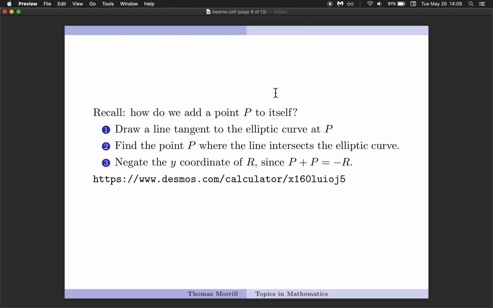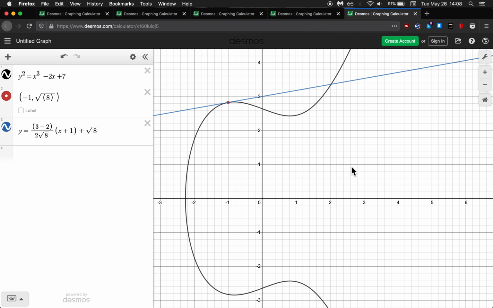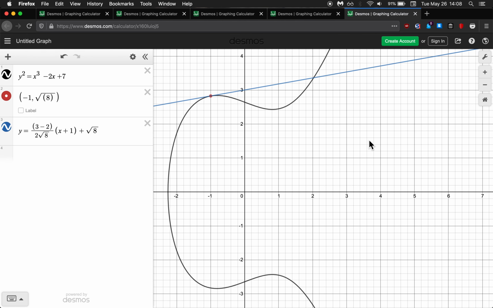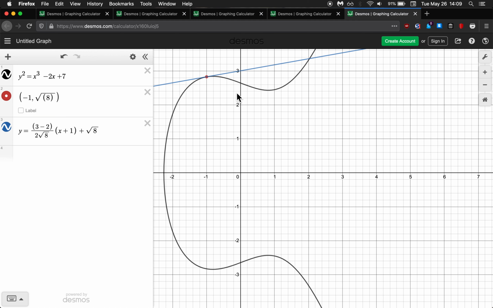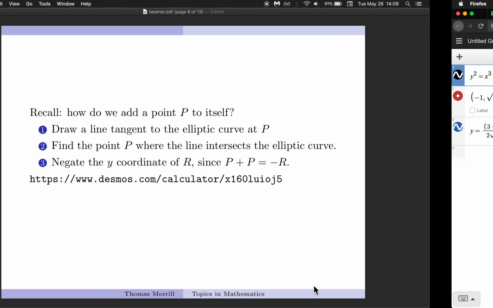Negate the y-coordinate of that R because P plus P equals minus R. So in my picture here, I said this was my point R. This is P plus R makes identity, so it must be that P plus P equals minus R. So P plus P equals minus R, which is down here, right? So again, we saw this in the previous segment. So this would be my P plus P, where my mouse is about.